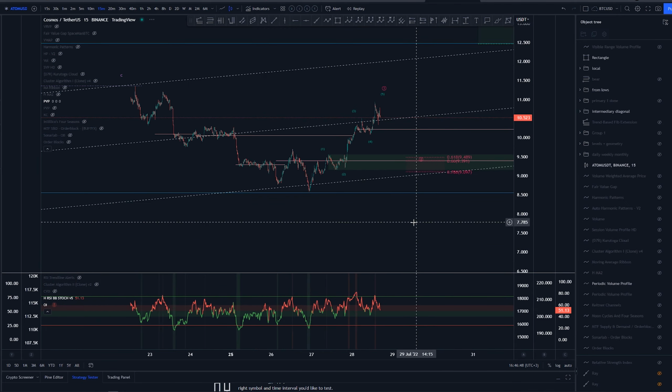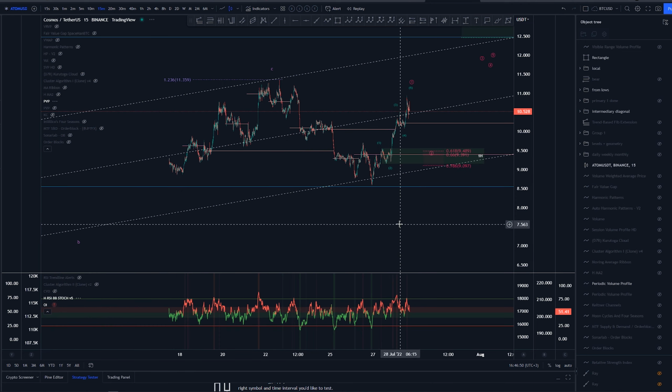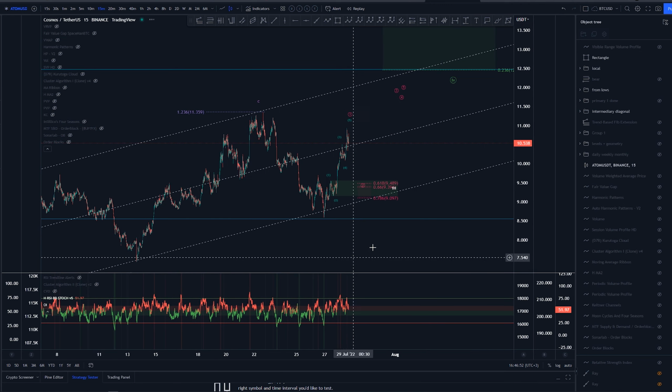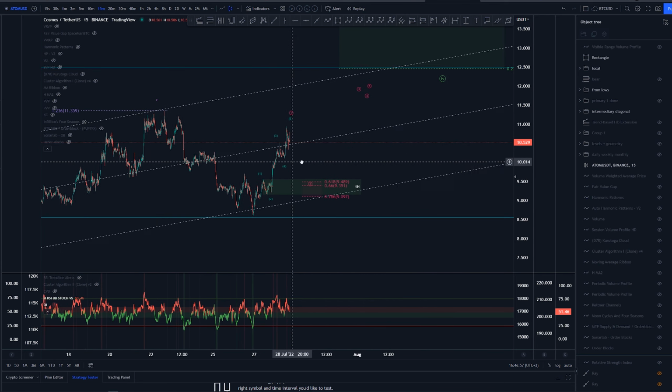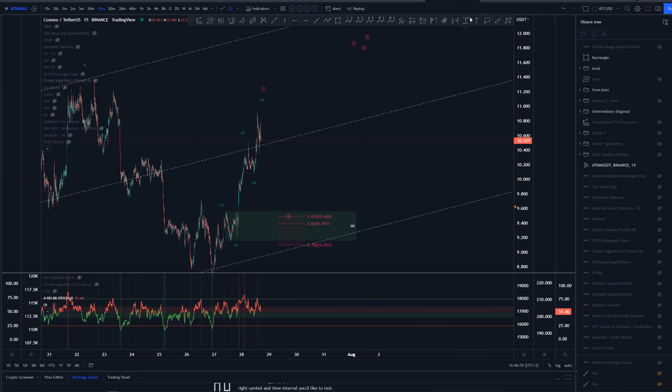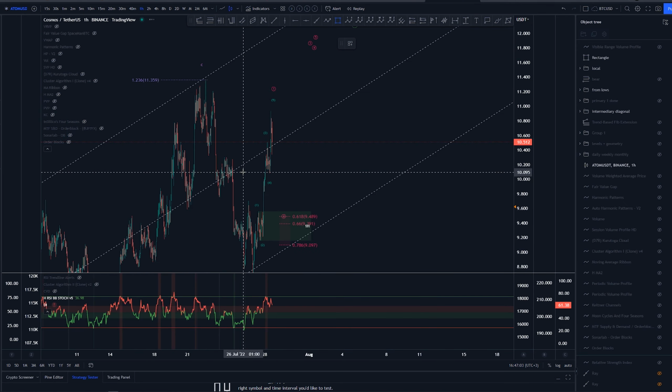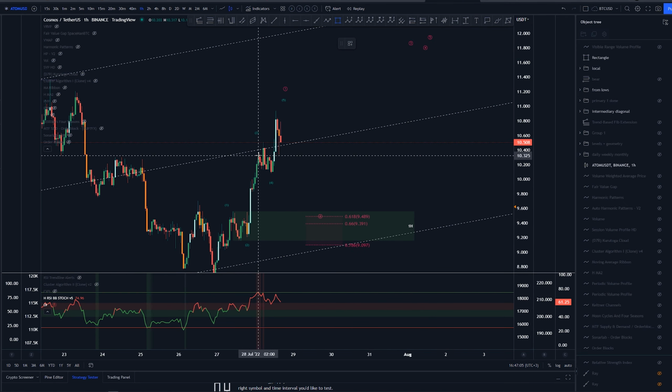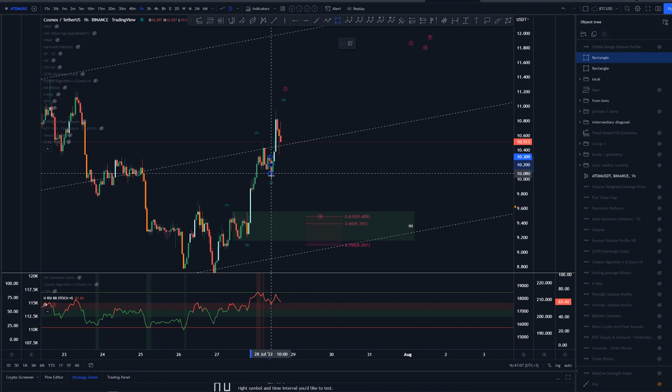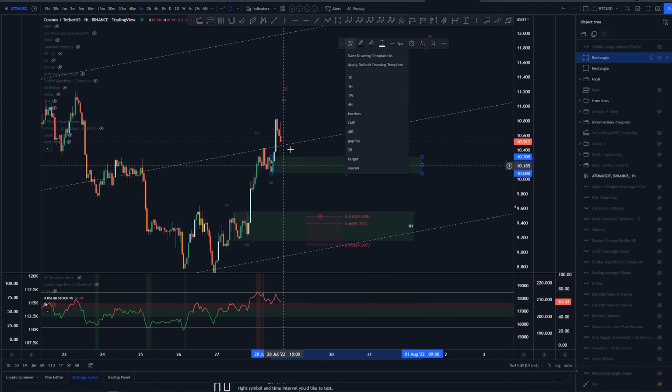Yeah, so that is the setup I'm actually looking for at the moment for Adam. I don't have an alert there. Of course, this previous wave 4 is going to be offering some kind of a support as well, and we'll see if we can get through that or not. If we don't, then we are going to be expecting some kind of extension here on the 5th.